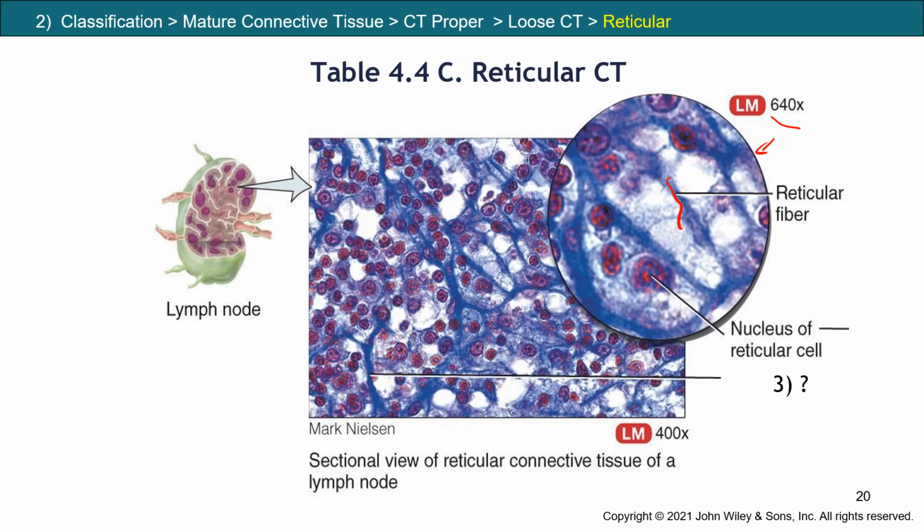And here you can see the nucleus of a reticular cell, and you have many here. And finally, at 400 magnification, you can see again in the lymph nodes all these fibers like this one, all over the place.